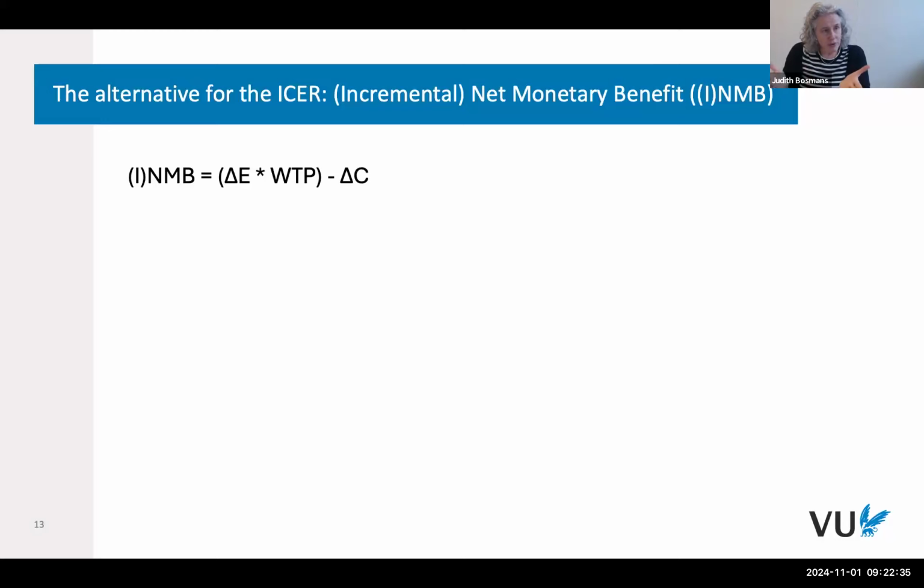So far I only talked about the ICER, but there's also an alternative, and actually this is a reformulation of the ICER decision rule. It's called the incremental net monetary benefit, and often we just say net monetary benefit. Basically what we do is calculate the monetary value of our health benefits, and subtract the costs from that monetary value of our health effects.